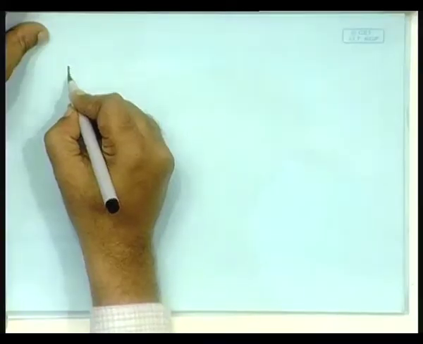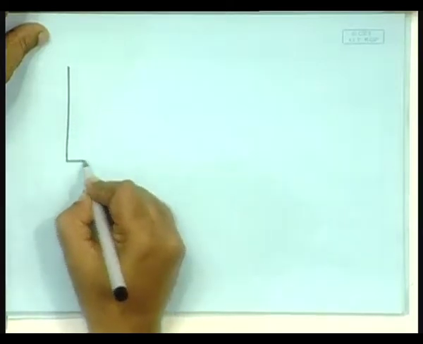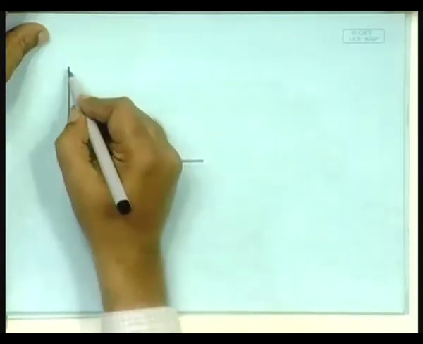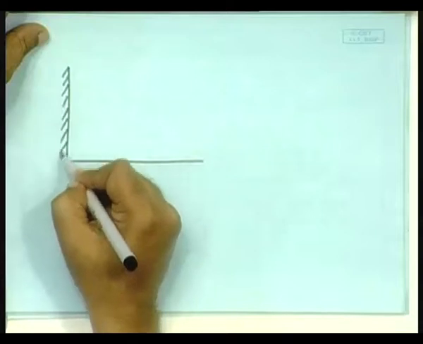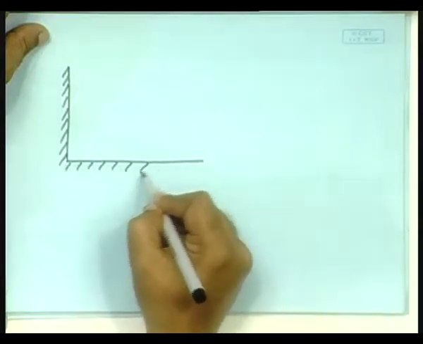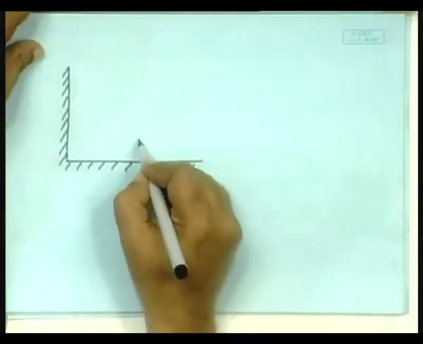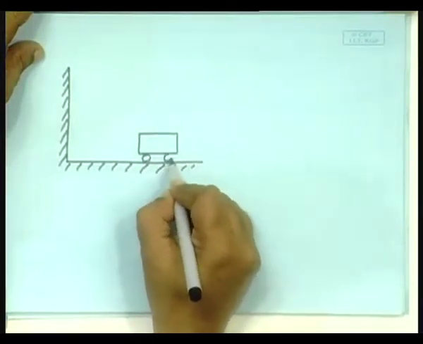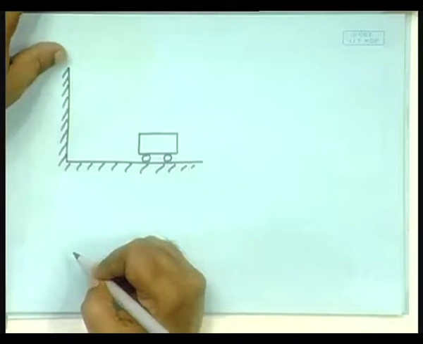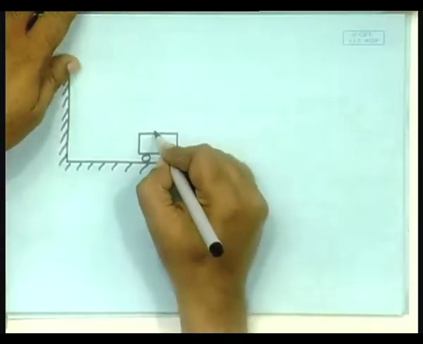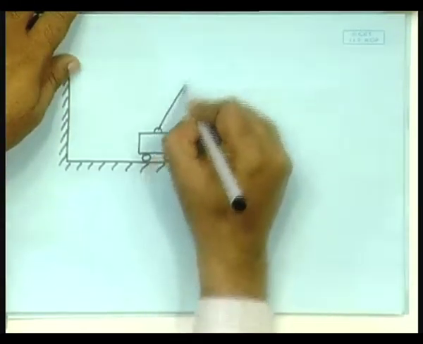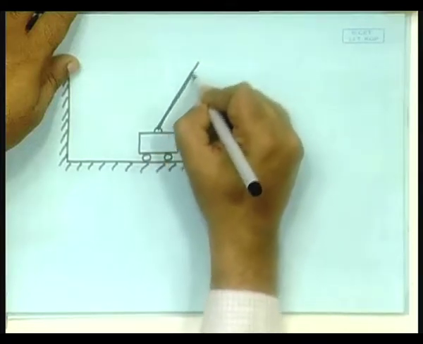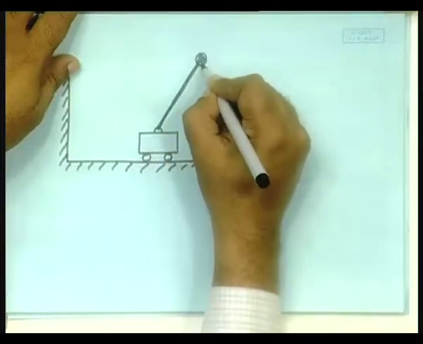So, inverted pendulum problem is where you have the base along with the wall, and there is a cart with wheels, and the pendulum is like this.